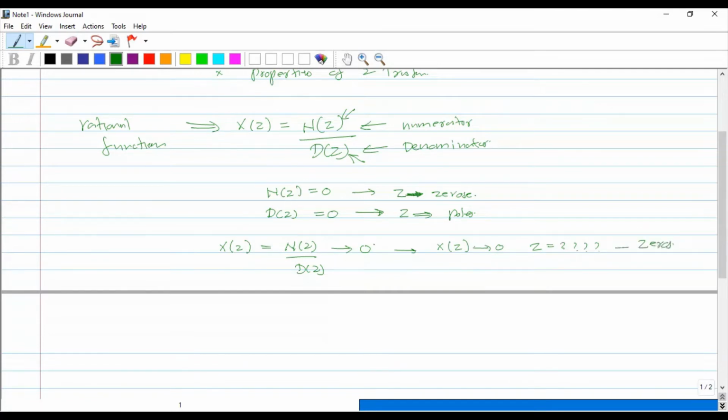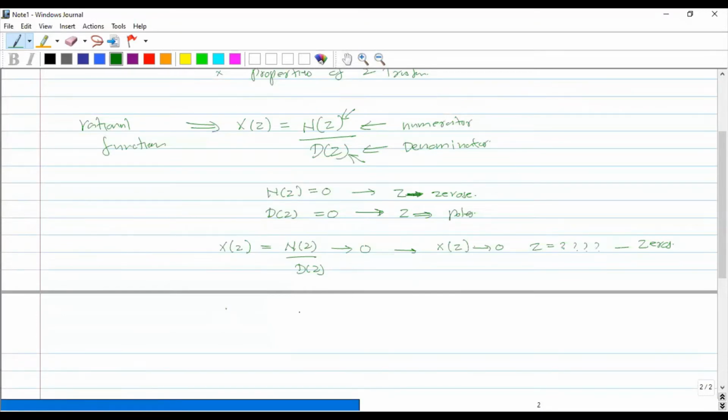And if we set the denominator equal to 0, that means X(z) will become infinity. There may be several z values for which X(z) reaches infinity, and those are called poles.